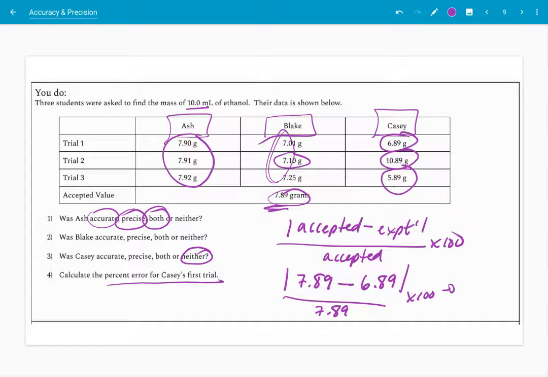Let's see what you get. Keep in mind your percent error should always be positive because of that absolute value. I found it to be 12.7%, which is actually not as awful as I would think, but they could definitely do better.